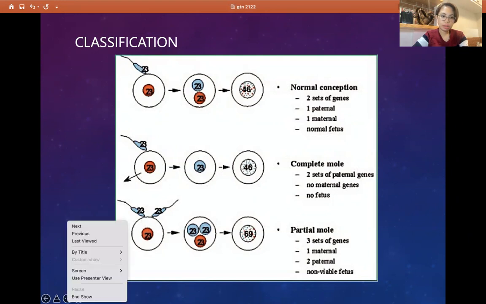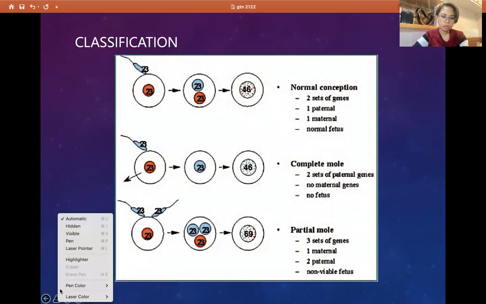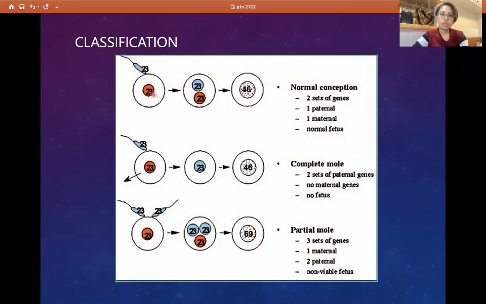I hope you can see my pointer. Okay, let me use this. One paternal and one maternal. Now, as fertilization occurs, it results in a normal fetus.